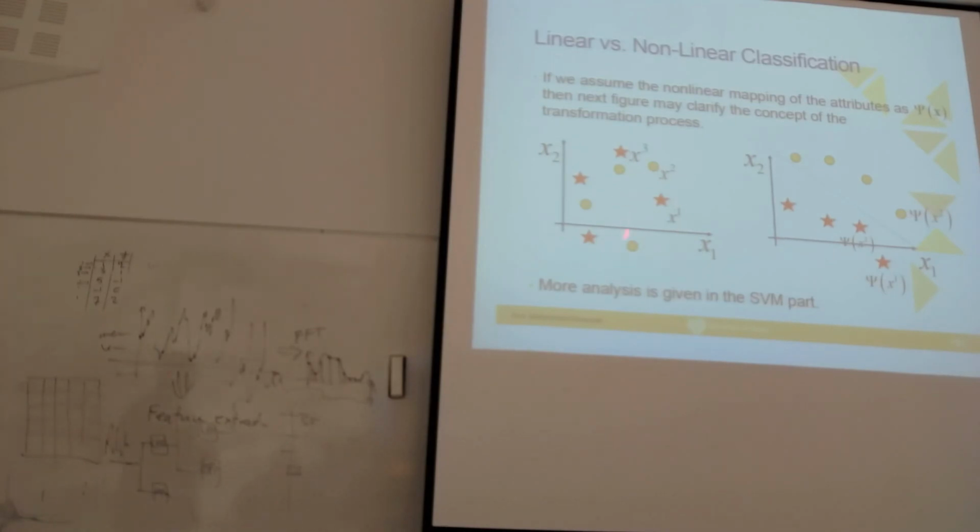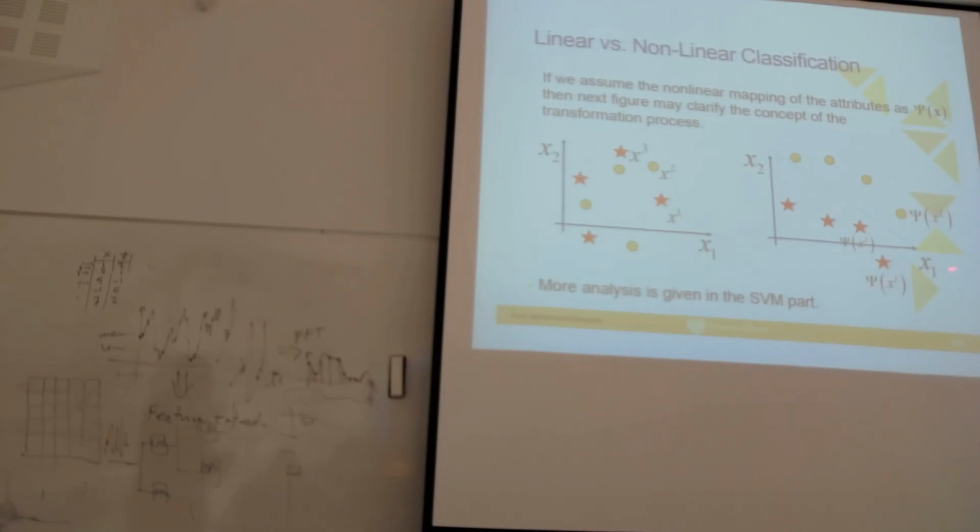For example, if we have this kind of data, x1 and x2, you can see here that it is non-linearly separable. So you will not be able to use any linear separation of this data. But we make a transformation. We transform this data by using some algorithm. So instead of using x1, x2, x3, now we have psi of x1, psi of x2, and psi of x3.